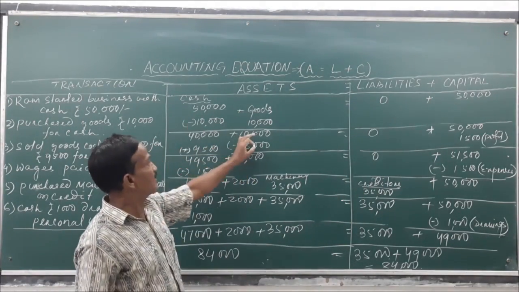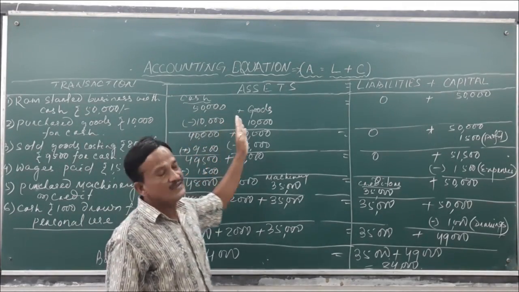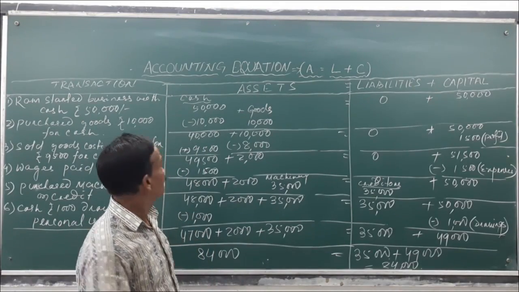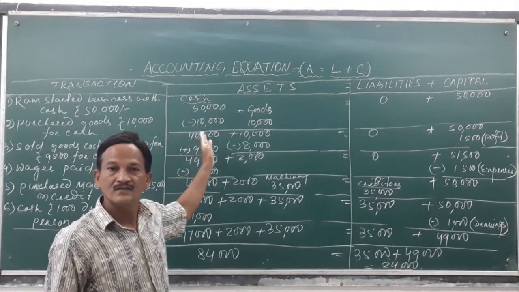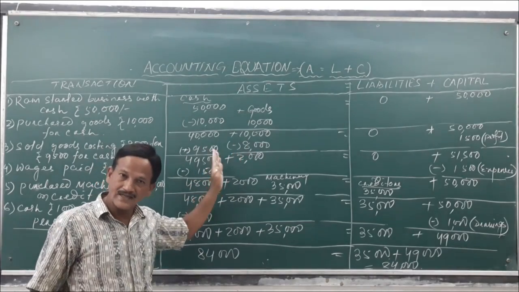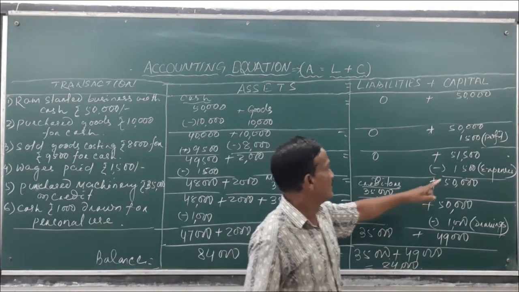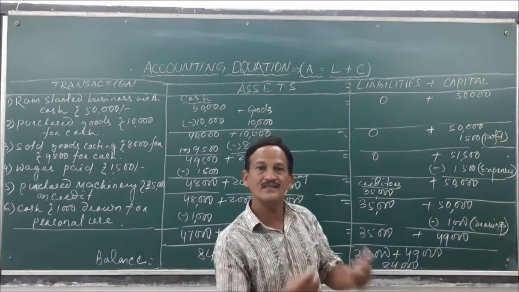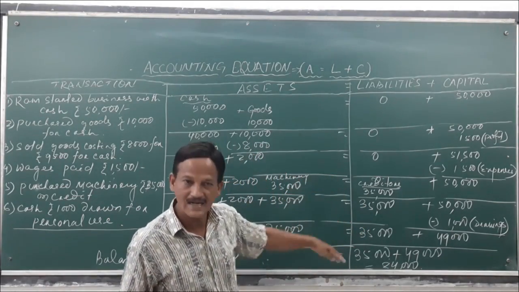So from this accounting equation, you might have noticed that when there is an increase in the cash, it is added, and decreases in the cash are subtracted. So assets increases, added; decreases, subtracted. Capital increases, added; decreases, subtracted. Liabilities increases, added.